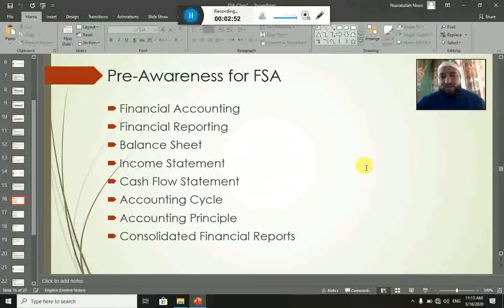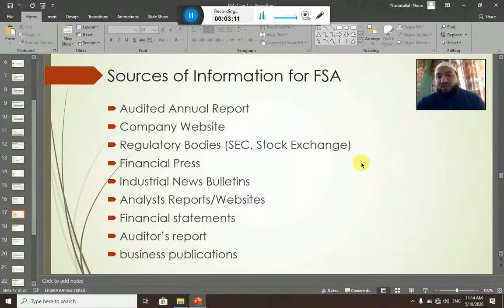And then we had discussion on pre-awareness, meaning we have to have the knowledge of financial accounting, financial reporting, financial statements, accounting cycle, accounting principles, and all different financial reports to be able to better analyze the financial statements. We also had discussion on sources of information which could be used to analyze and then reach a conclusion.